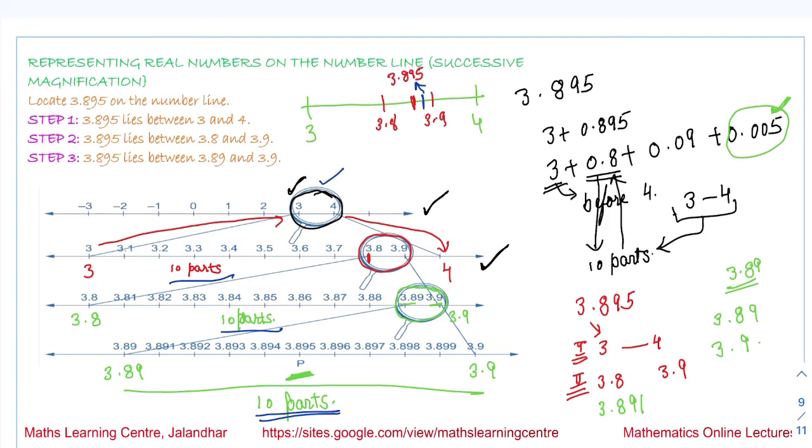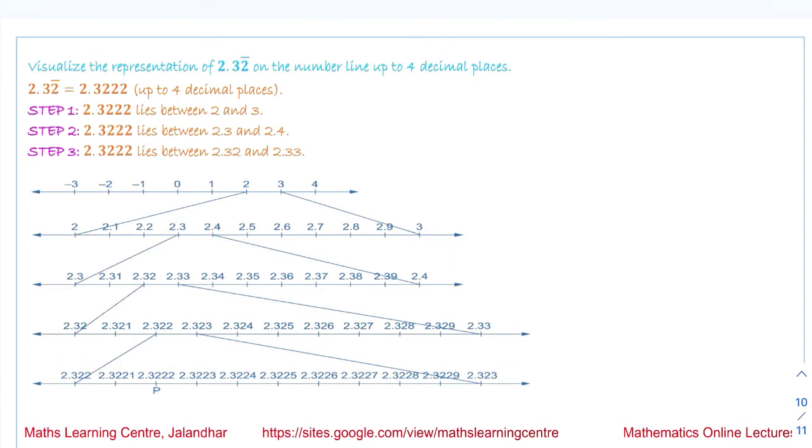Now in the next case, again a similar example, but now the decimal representation that is given to us is non-terminating but repeating. So the number we have now is 2.3222 and so on.